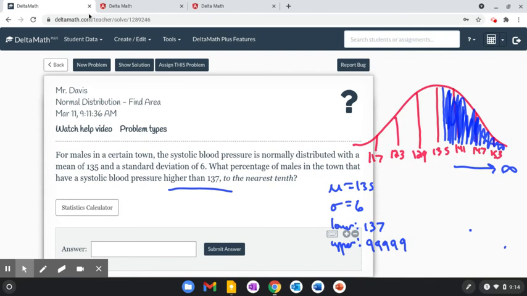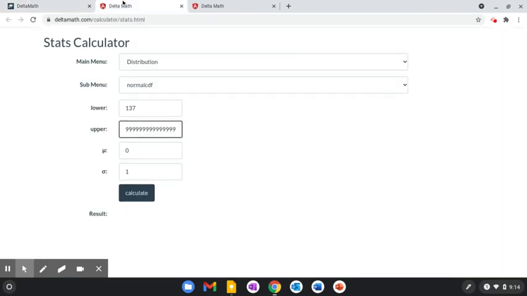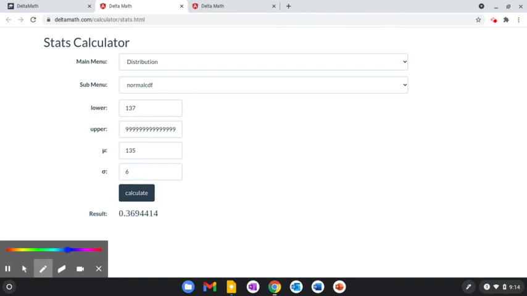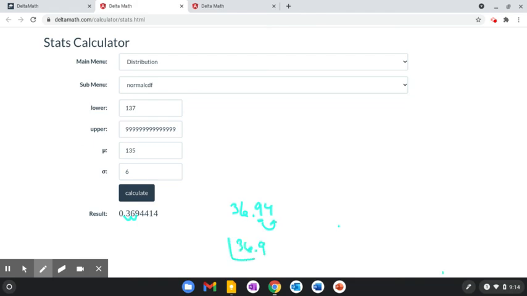Our mean is 135, and our standard deviation is 6. So 0.3694. We want to move it over 2 places. 36.94, which if we're rounding to the nearest tenth here, we look next door, it's lower than 5, so it'll be 36.9. 36.9%.